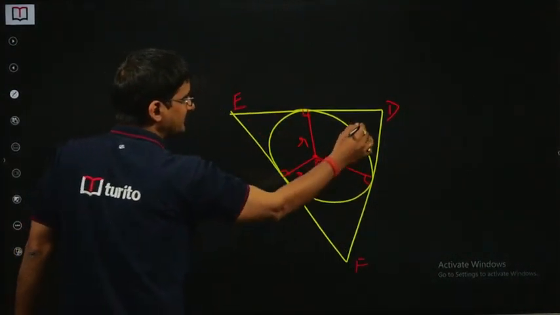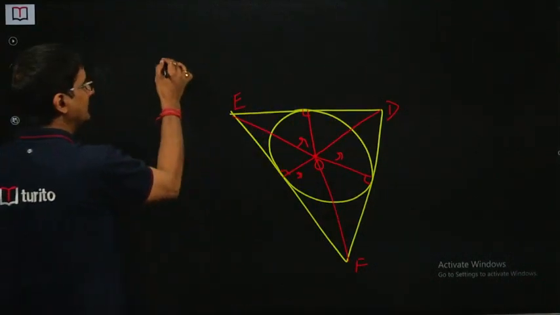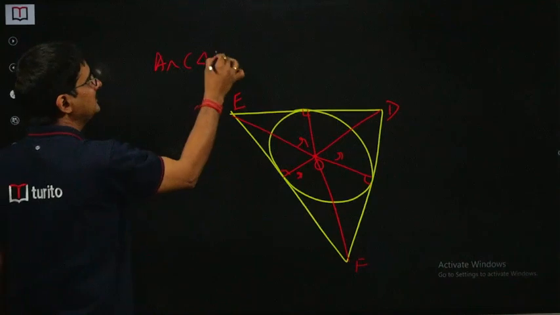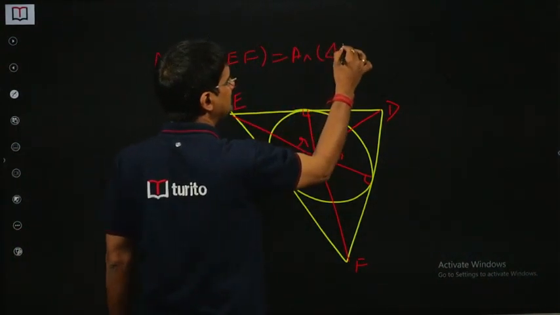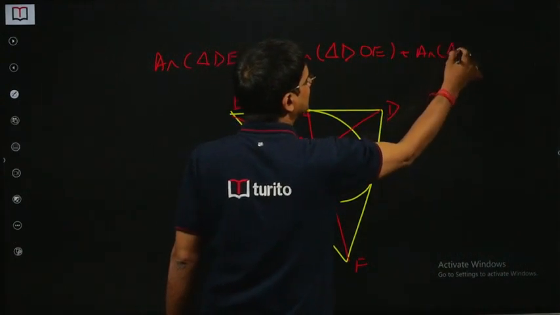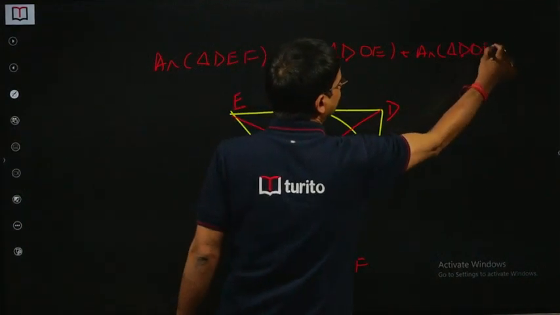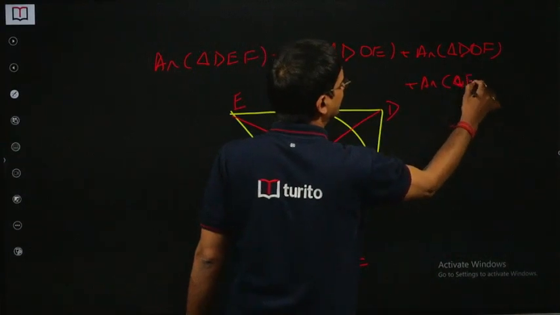Now I just consider three triangles. That's it. So area of triangle DEF is equal to area of triangle DOE plus area of triangle DOF plus area of triangle EOF.